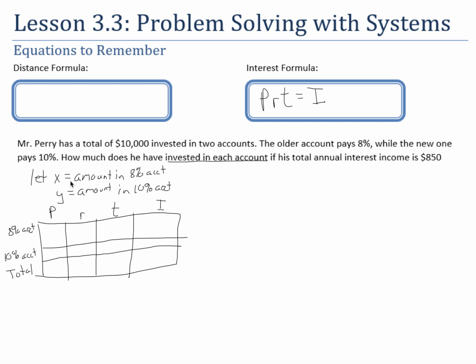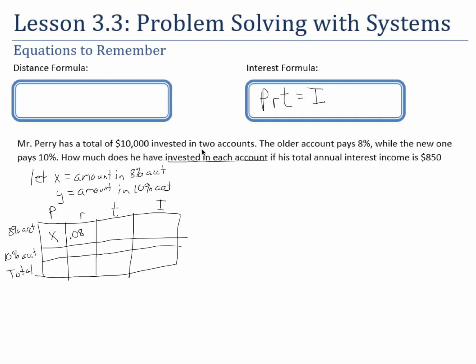Our principal in the 8% account, how much is in the 8% account? Actually, we don't know. That's what we're trying to find, and we let that equal x. What's the interest rate of the 8% account? Well, that's 8%, and we put that as a decimal, so 0.08. What's the time?